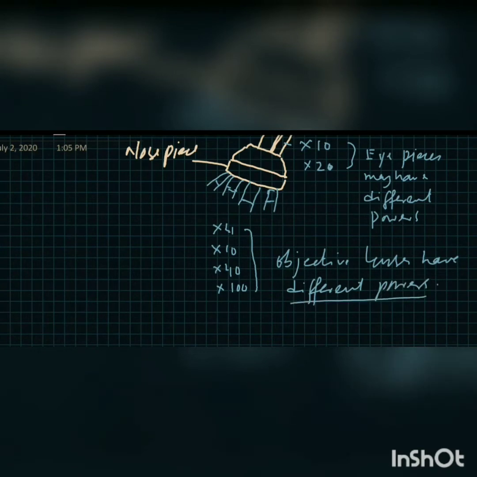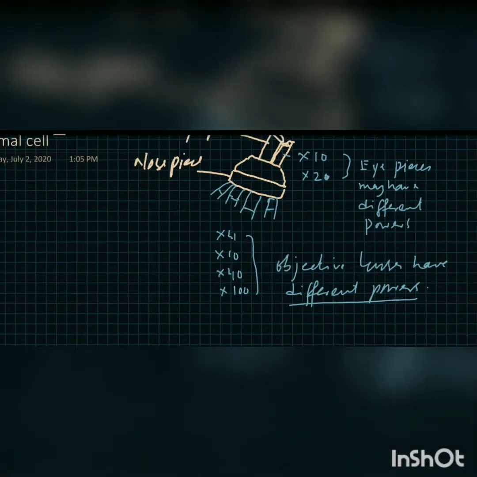Okay, eyepieces will have different powers, and we will also have different powers of objective lenses as well. We will use any one objective lens at one time, and whichever we use will determine the power of this microscope.